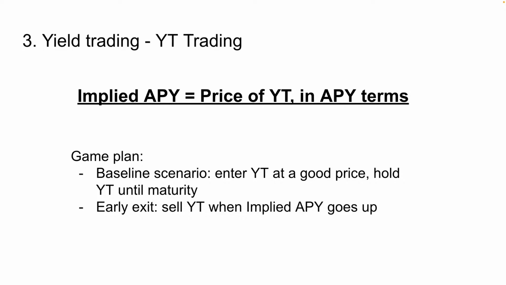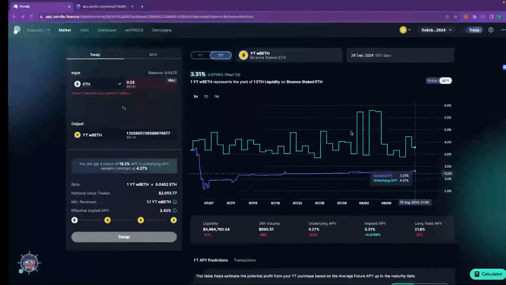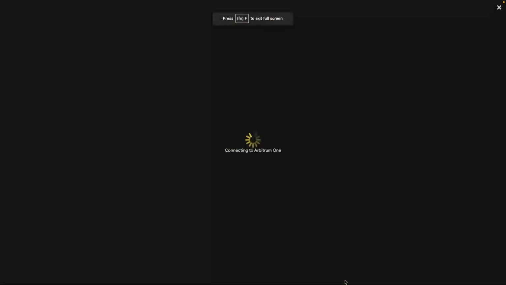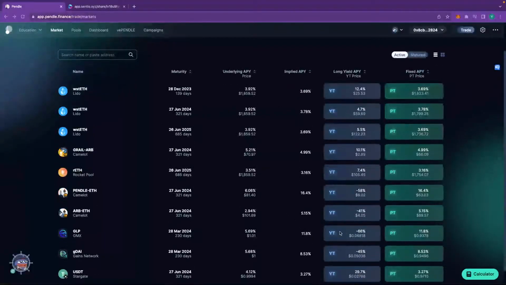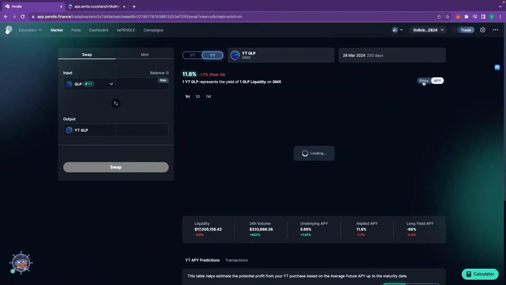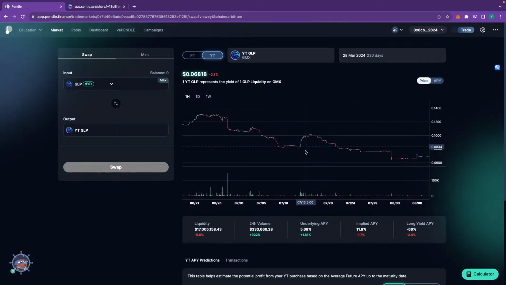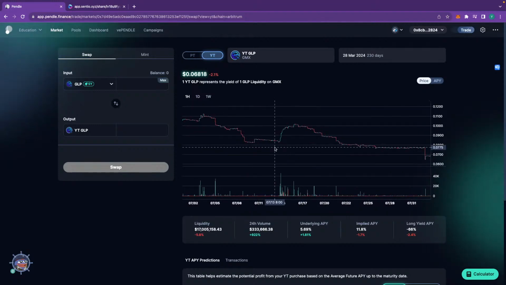Because YT prices generally fluctuate more widely. For example, if you look at the GLP market, which is the most actively traded market so far in Pendle, say you look at the price chart for YT GLP, you can see that on this day, 13 July, you could have bought YT at roughly 8.4 cents and sold it 3 days later at roughly 10 cents.